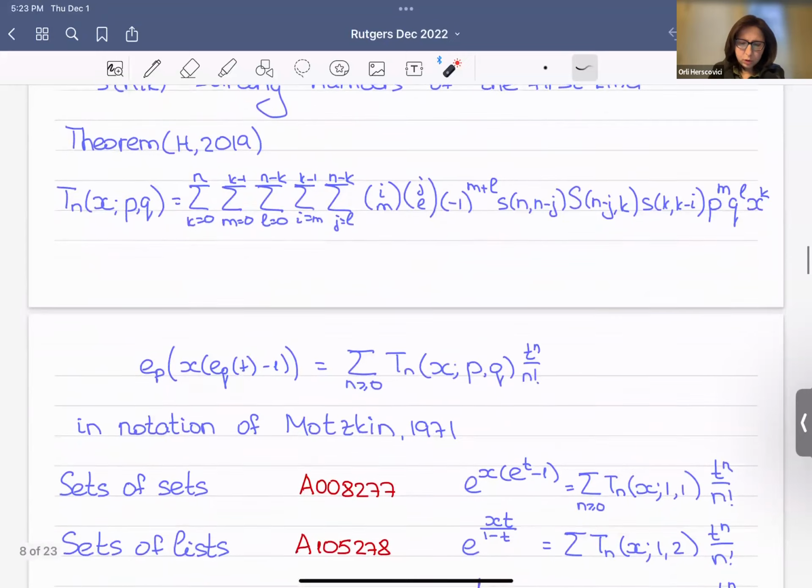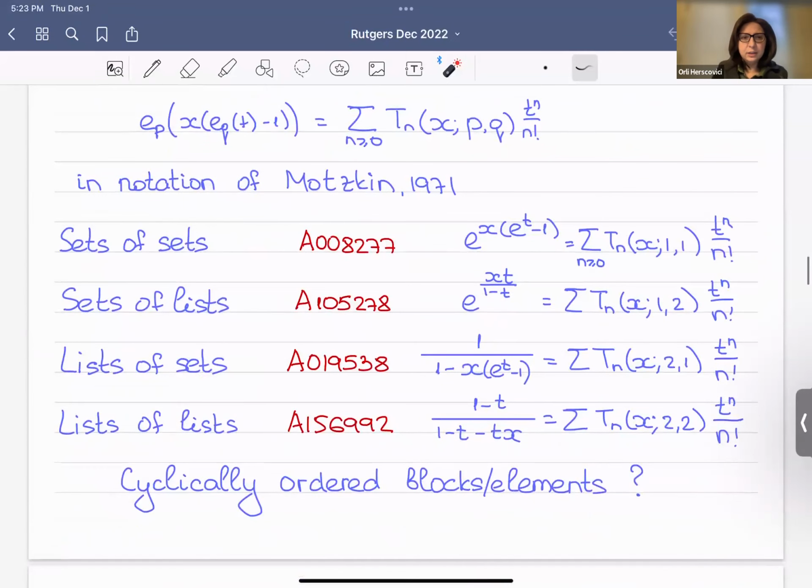So some special cases for these polynomials, and we will use here notation of Moskin from 1971, they correspond to the following cases. When we consider sets of sets, so our blocks and our elements are unordered, the order does not matter.